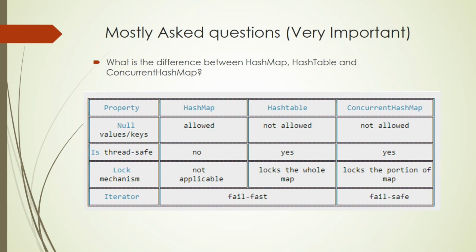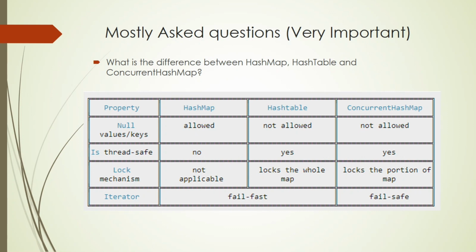So modification in one bucket can happen, and modification in two other buckets can happen with different threads. So this improves the performance. You can note down this table.